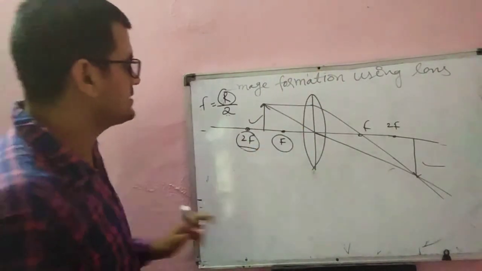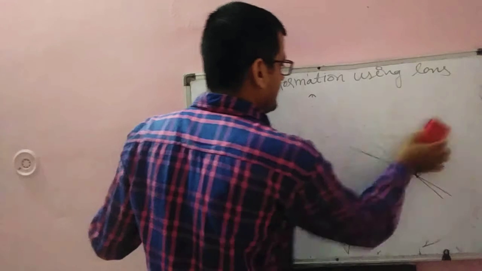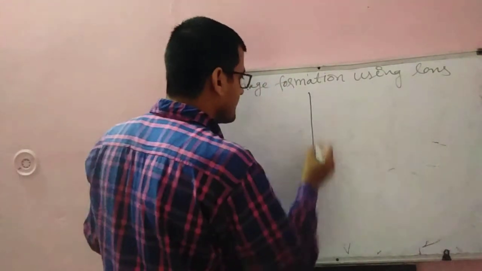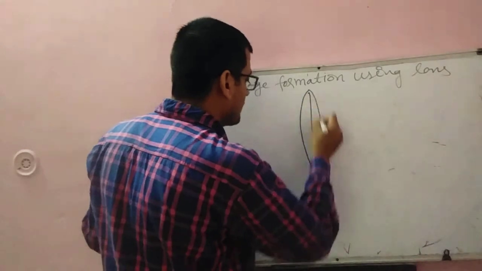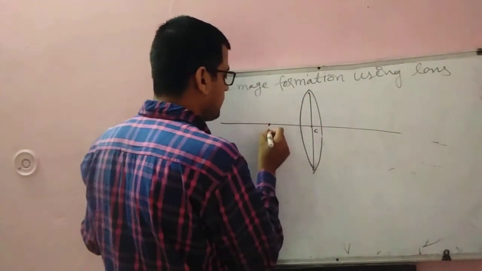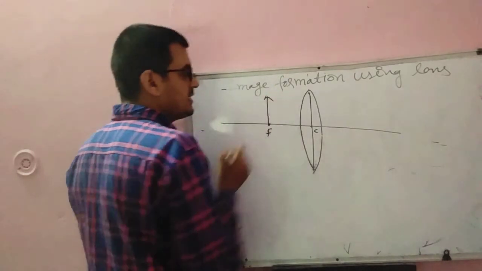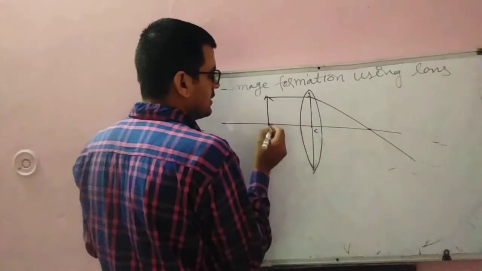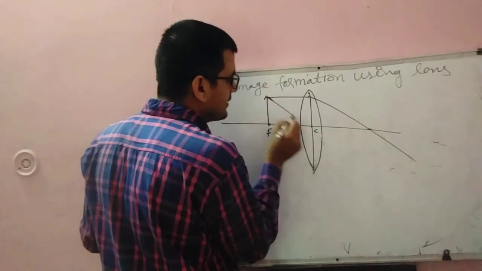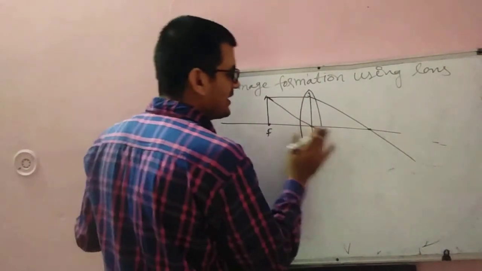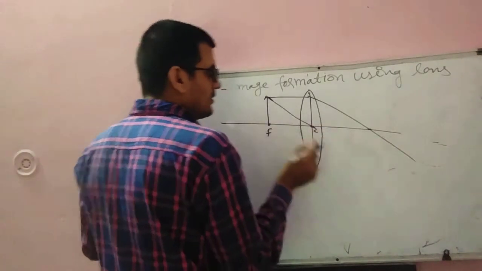Now the object will be placed at f, means focus. Optical center, focus. We have placed the object here. The ray parallel passes through focus and center of curvature. Okay.